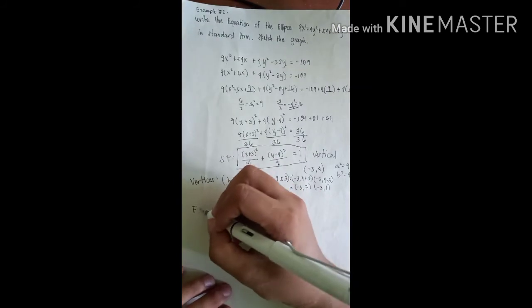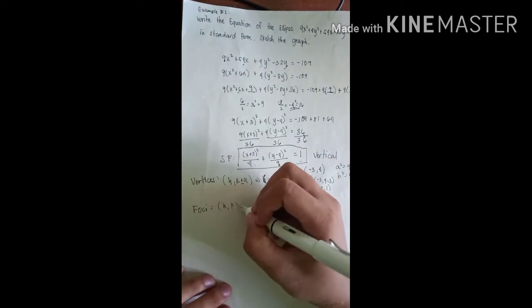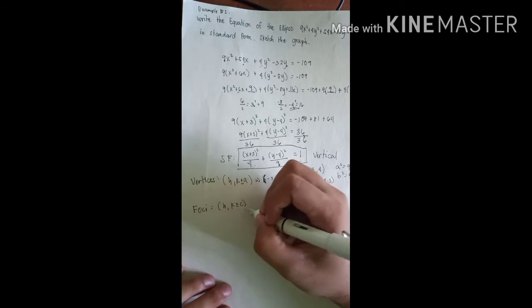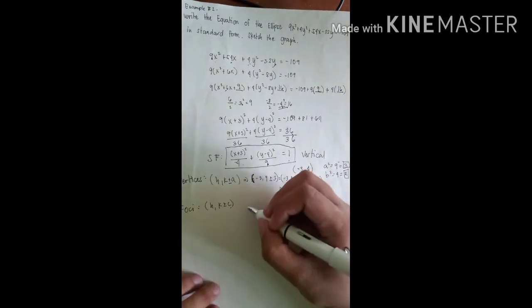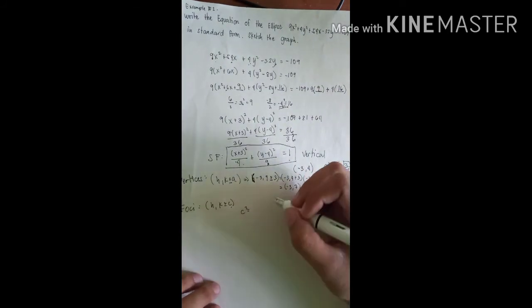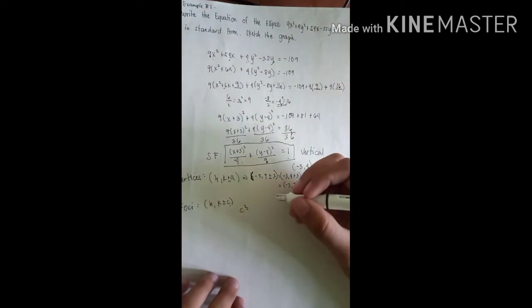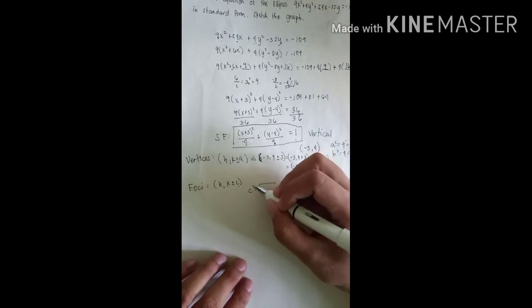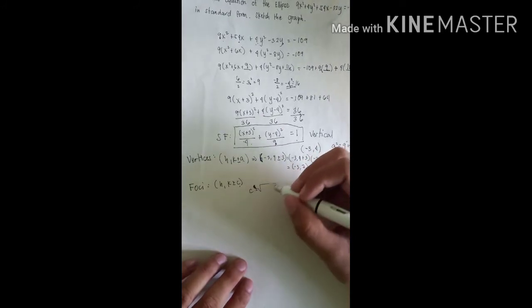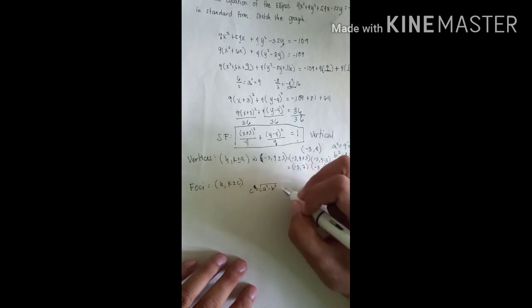Next, foci. So sa foci, kailangan natin ng C. So dito wala pang C, so ang gagawin natin, to find C, we are going to use square root. C is equal to square root of a squared minus b squared.